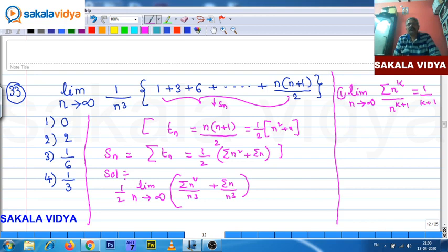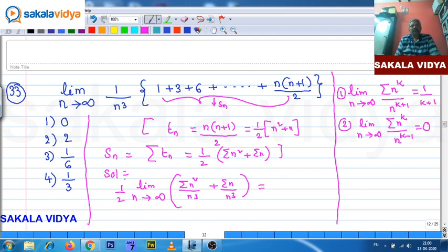This is one shortcut. The second shortcut: limit n tends to infinity, where the numerator is n to the power of something less than k, like k minus 1, k minus 2, whatever it may be, it will be 0.